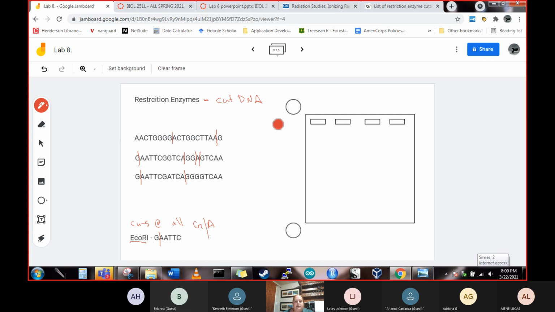Okay, so if we introduced a restriction enzyme that's going to cut DNA and we tell it to cut at G's and A's, which is what we just did, we end up with little tiny fragments of DNA. These are what we refer to as DNA fingerprints.